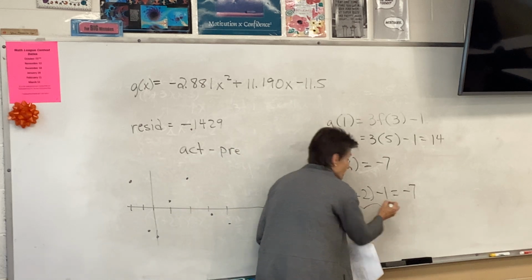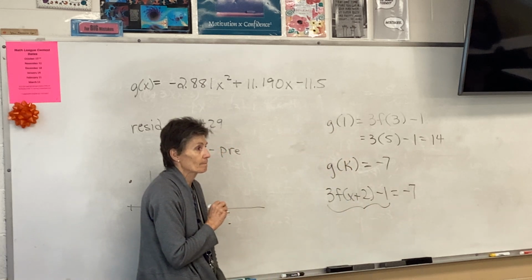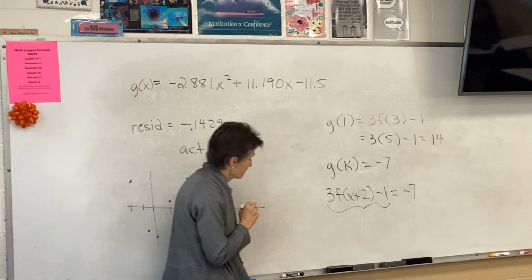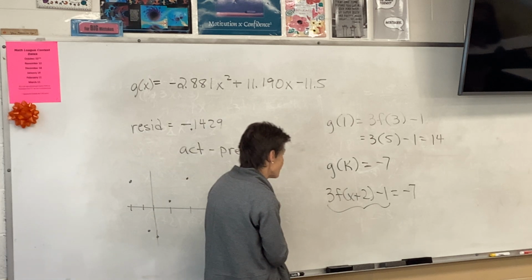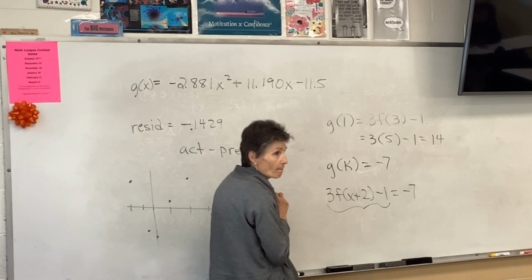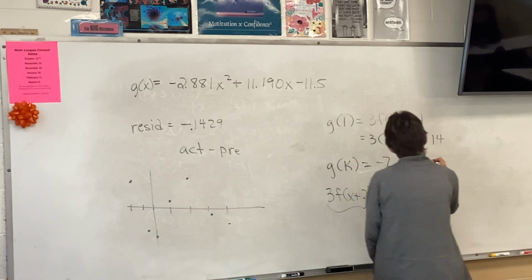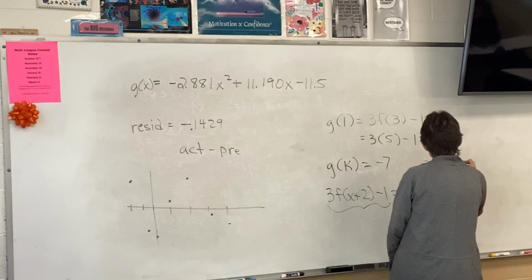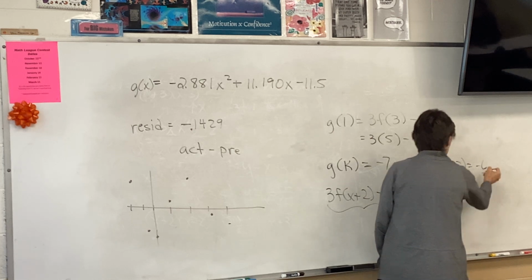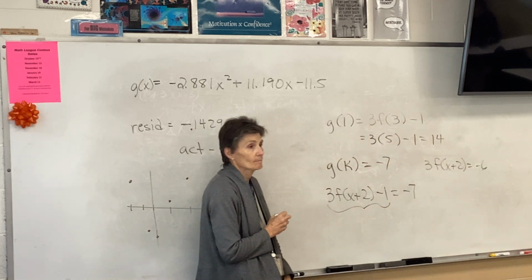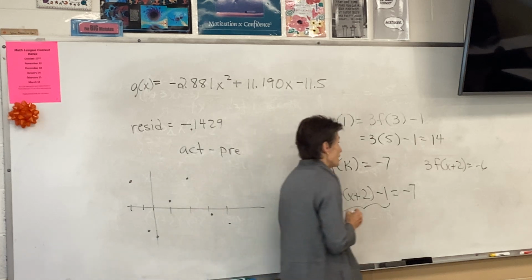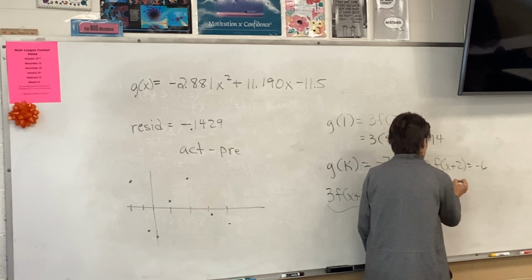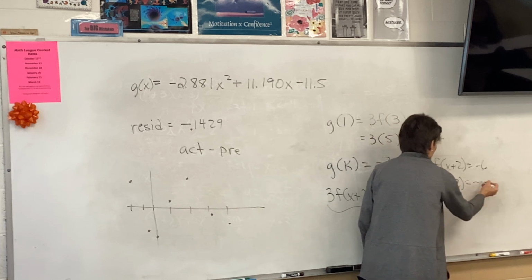Isn't this my g of x function? So what should we do there? Add 1. So 3 f of x plus 2 equals -6. And f of x plus 2 then must equal -2.